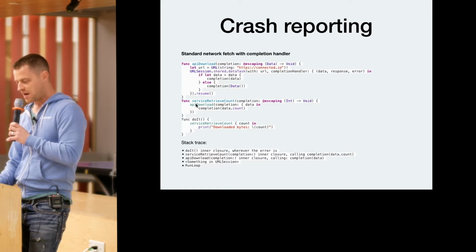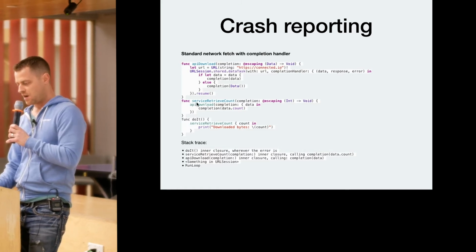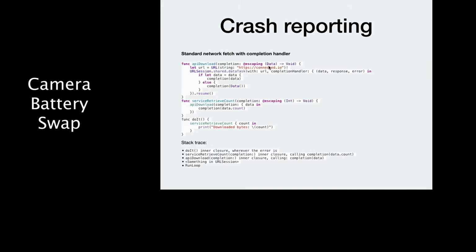And the API download is doing our networking, and it has a completion closure of data. And it calls the data task, and that takes a completion closure. So each one calls inside of a completion closure another completion closure. And that's very typical, classic infinite nesting of completion closures.